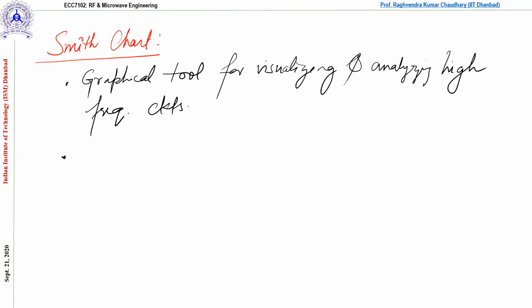Second, it provides mapping between impedance and reflection coefficient plane.